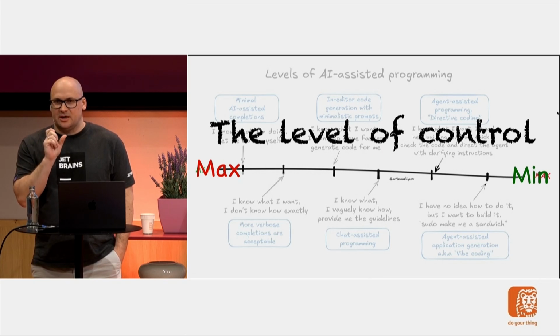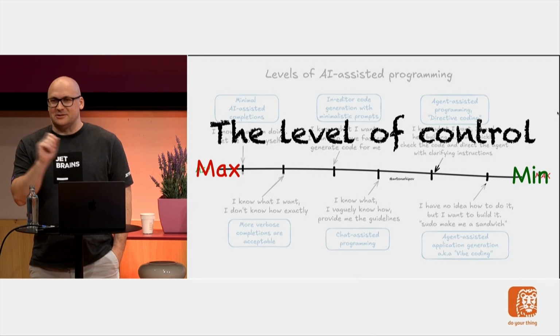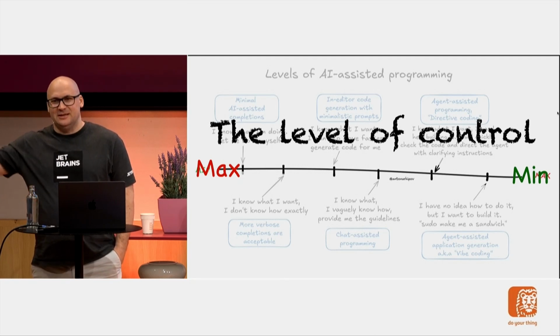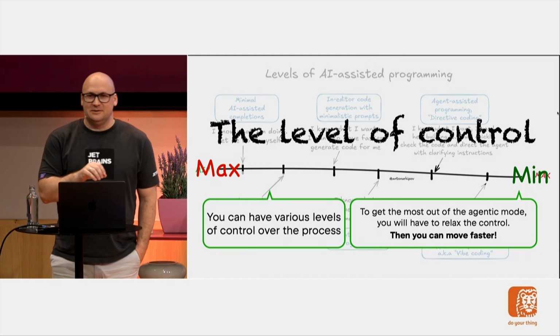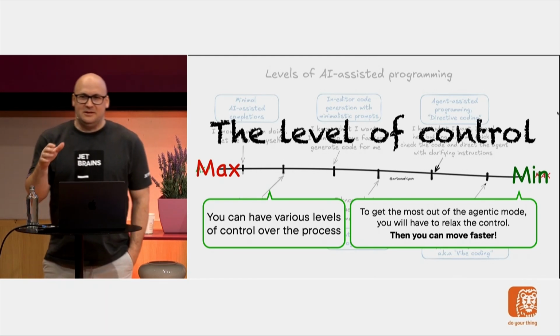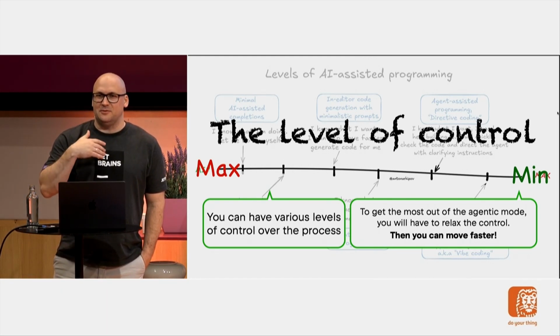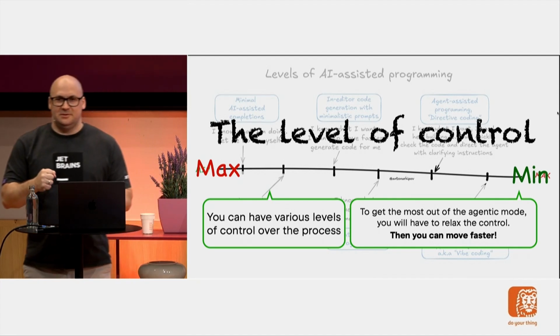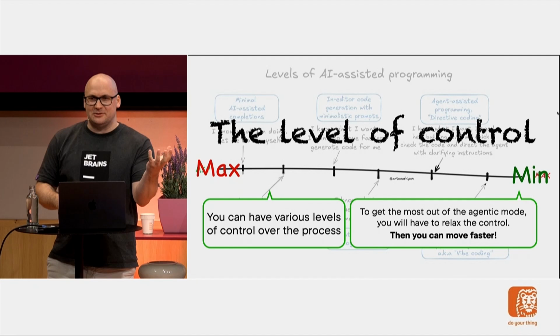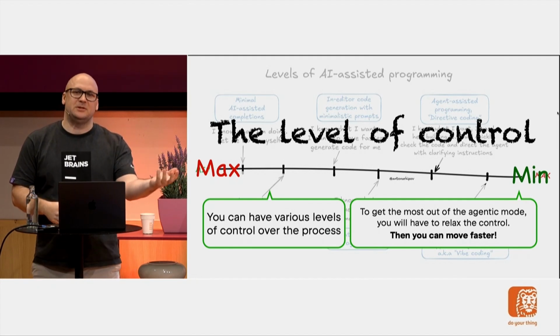So the more you want to keep in control, the less productive you are in reaching the final goal. And in fact, with the agentic workflows, if you can give away this control desire, you can actually get the result faster. Now, the question will be the quality, of course.